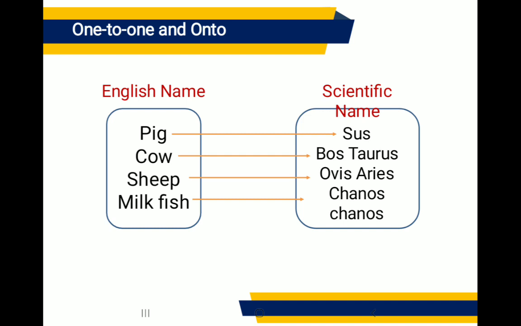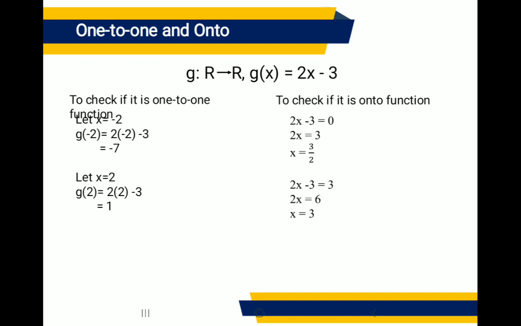So next one, yung algebraic example is if g is mapping of real numbers, then g of x is equal to 2x minus 3. To check if it is one-to-one function, let x is equal to negative 2.